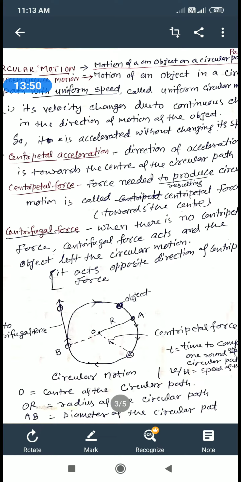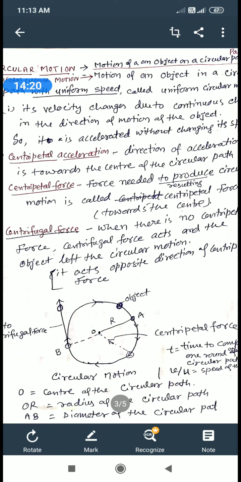This is the diagram. O is the center of the circular path. OA is radius, and AB, the line passed through the center and touching the opposite line of the circular path, is diameter.